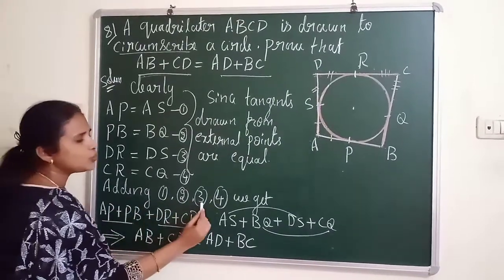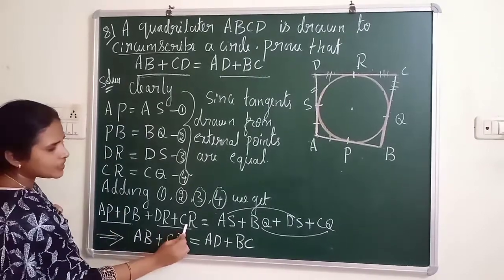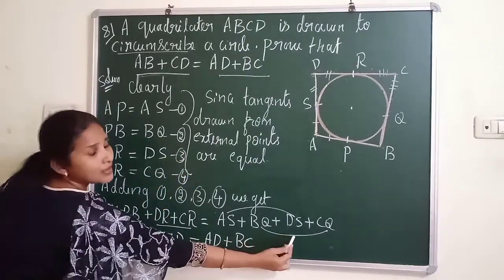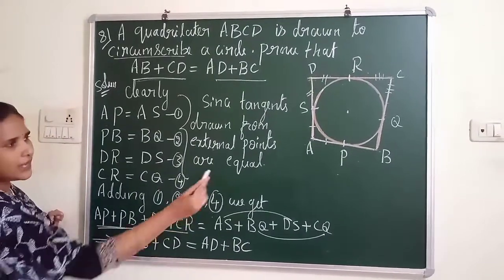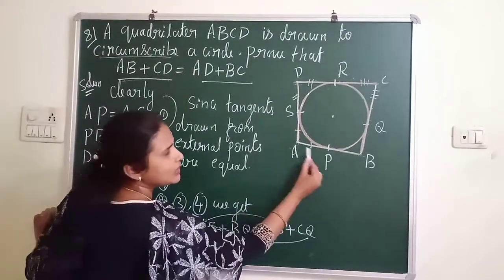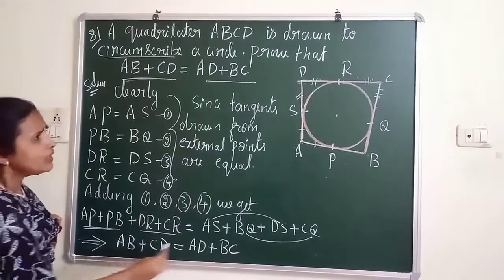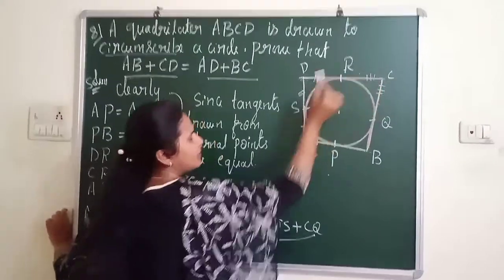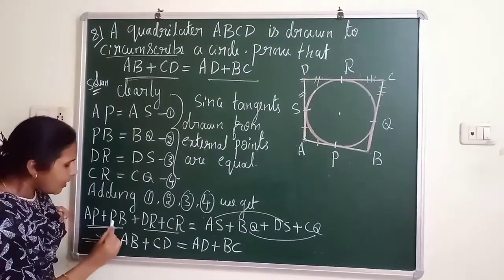Now adding 1, 2, 3, 4, we get AP, with the left sides added on the left side and the right-hand sides added on the right-hand side. Now you can see AP plus PB. See the diagram? AP plus PB together is AB. Similarly, DR plus CR together is CD. That is why I told you to write opposite sides.